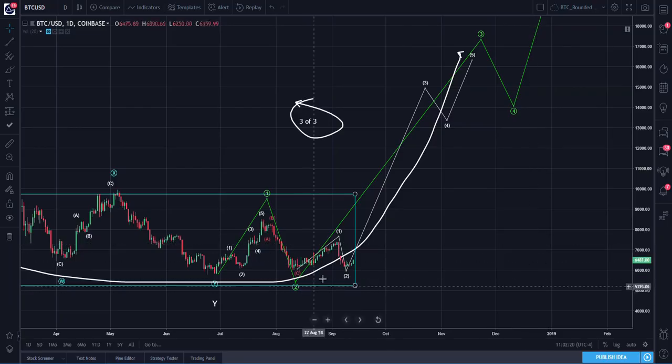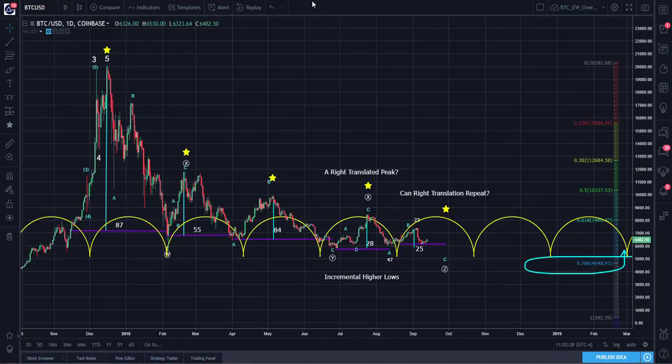Now, if this is the start of a 3, as I shared with you yesterday, this is supporting the alternate scenario, by the way. Yesterday, I marked the peaks of each cycle by a star. Okay?